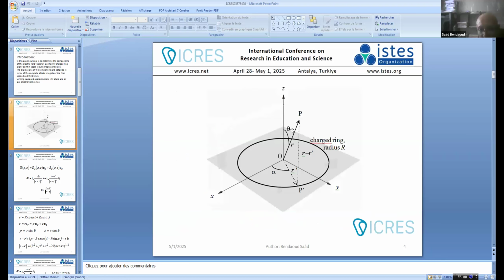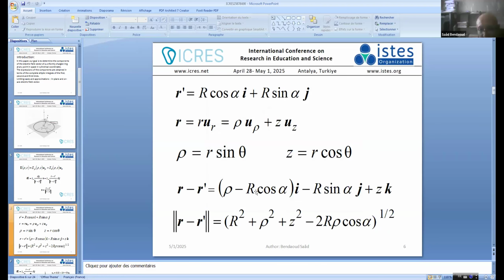And we found that R prime is this expression, R is this expression, for the symmetrical coordinates, where rho is equal to R sin theta, and z is equal to R cos theta. R minus R prime has this expression, and the modulus of R prime has this expression.